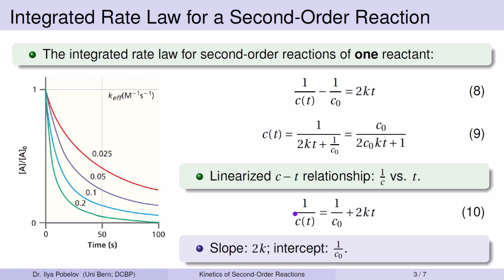This linear dependence, with a slope of 2k and an intercept equal to the inverse of the initial reactant concentration, is a linearized rate equation for second-order reactions of one reactant. Using a plot of the inverse of reactant concentration against time, we can determine from experimental results the rate constant of a reaction and the initial concentration of reactant.